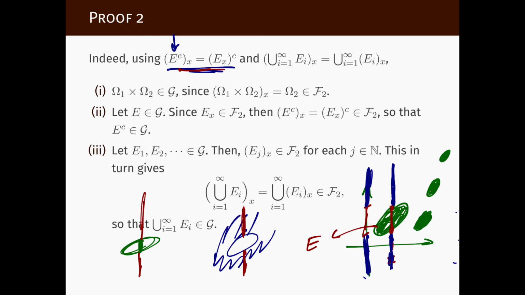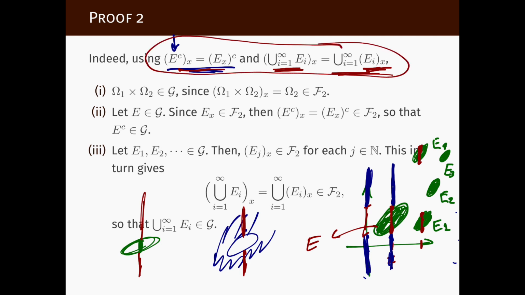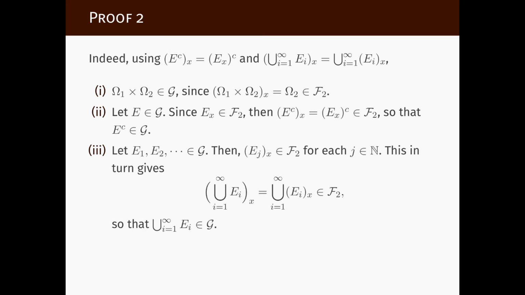If we have a sequence of sets, let's say E1, E2, E3, E4, etc., then the section by a certain x of the union of these E_i will be the same as taking the section of each of these E_i and then taking the union over i. So this is what these two properties are saying, and we're going to use them in the proof.